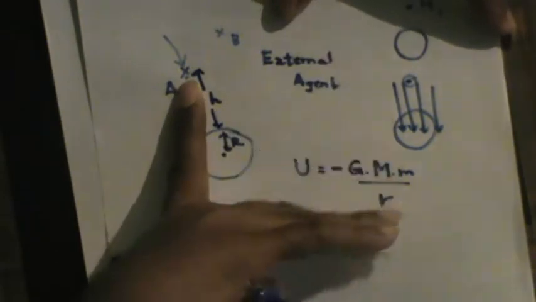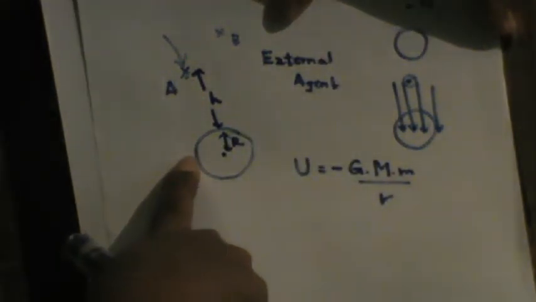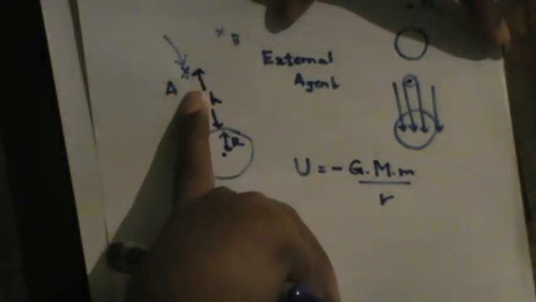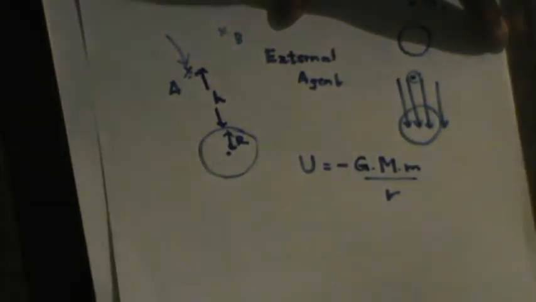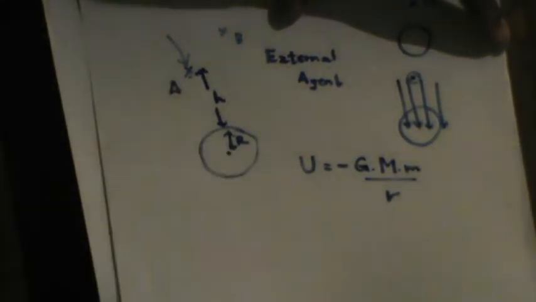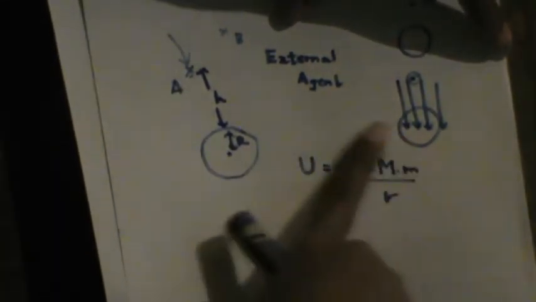The gravitational potential energy is faced by the object in Earth's gravitational field. So the work is not done by the object experiencing the field, but by the object that is exerting the gravitational field. So we take this to be minus, right?